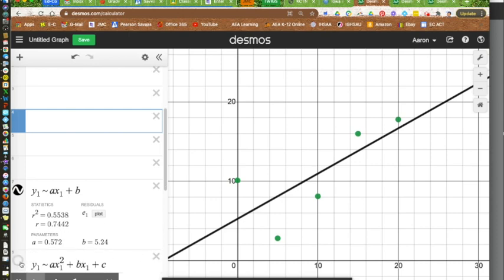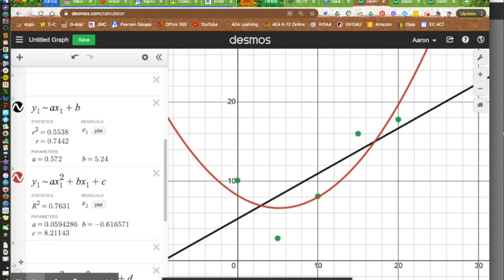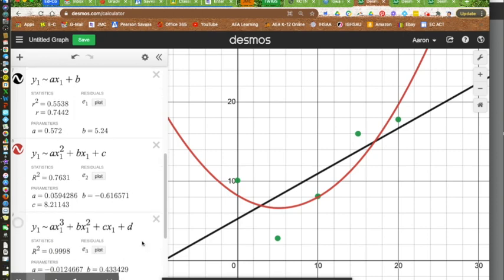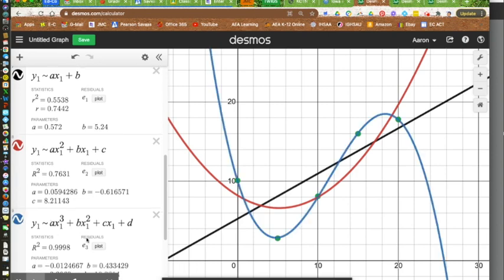Let's try the quadratic. Now, if I look at the quadratic example, here's the R squared. It's definitely better than the line, but still not great. So let's go one more step and let's look at the cubic.